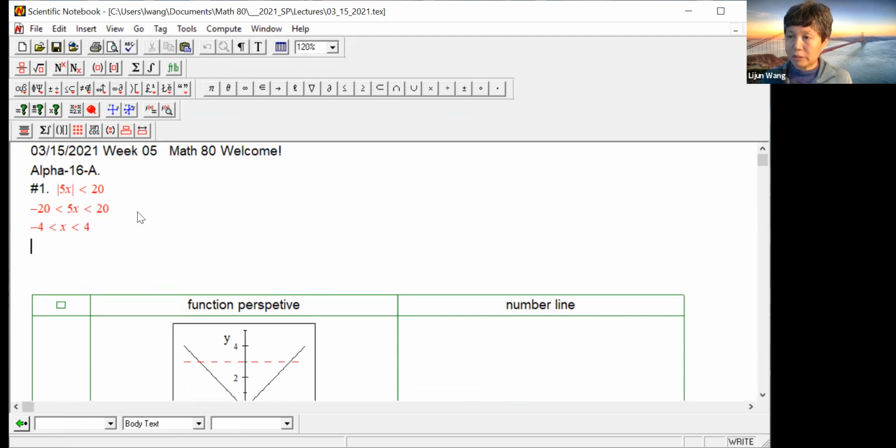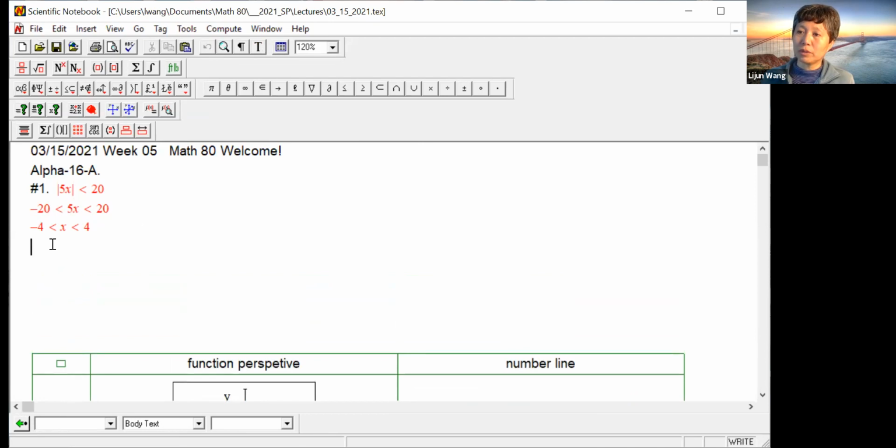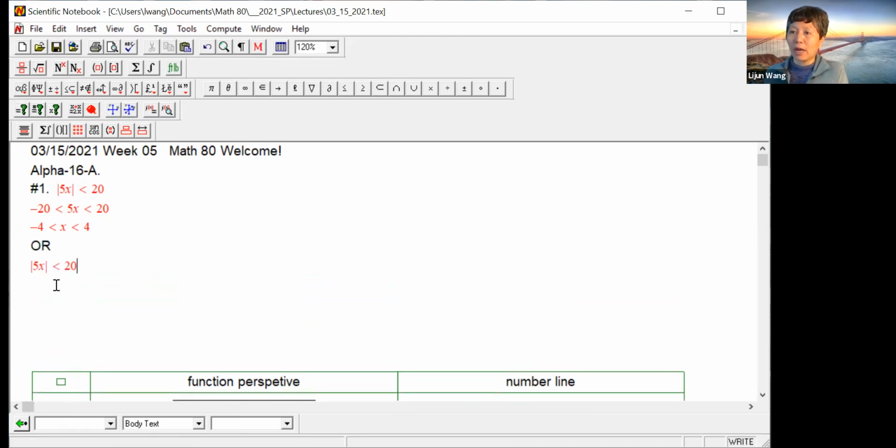Another way to do this is that you can actually take the 5 out of the absolute value, because 5 is a positive number. When you take 5 out of the absolute value sign, you get 5 multiplied by the absolute value of x, and that's less than 20.